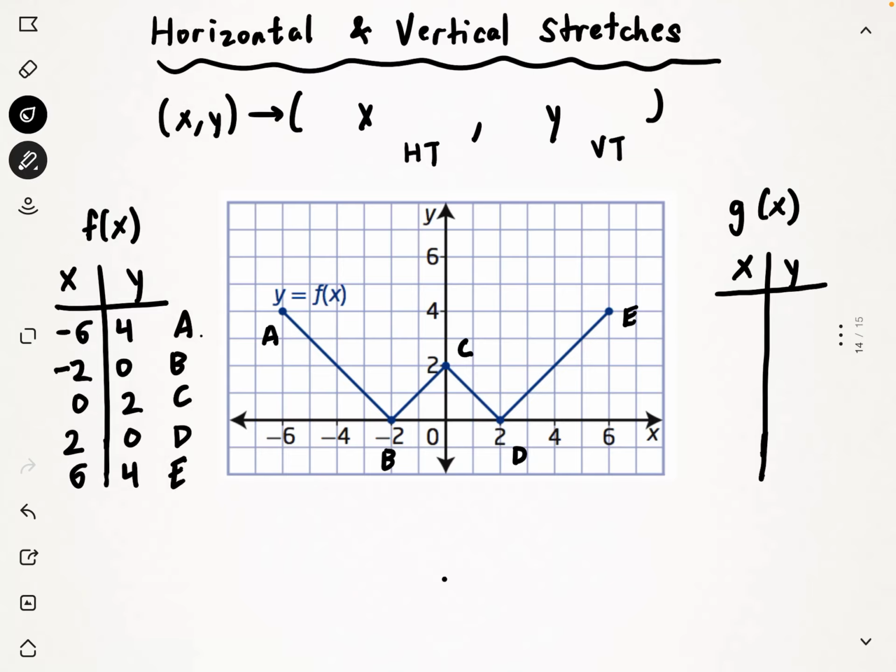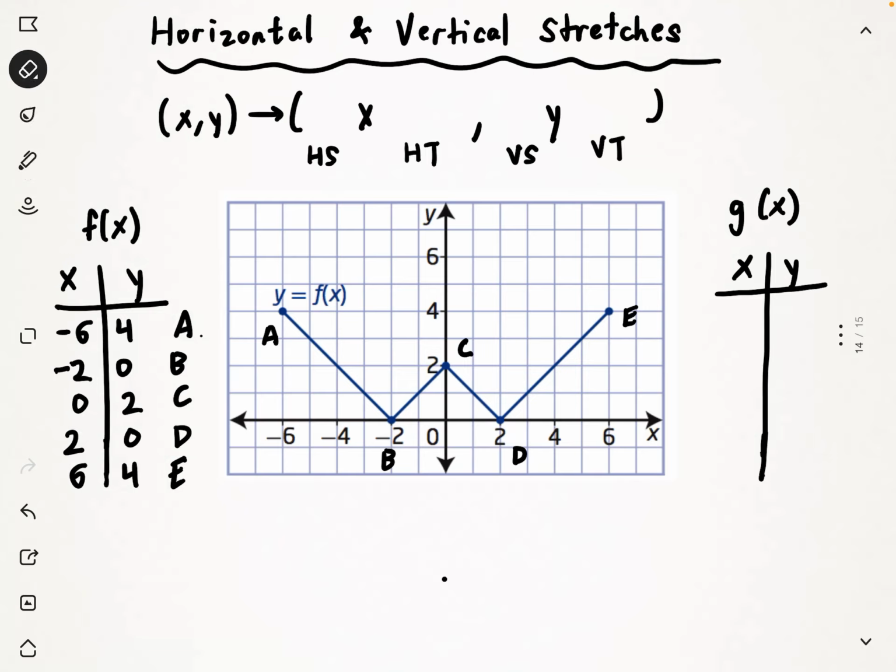The stretches in a mapping notation show up in front of the x or in front of the y. So once again, x, of course, is across. The x-axis goes horizontal. So everything related to the x value in the mapping notation is horizontal. Everything related to the y value is vertical. So the stretches come in front of the x or y. The translations come after, to the right of x or y.